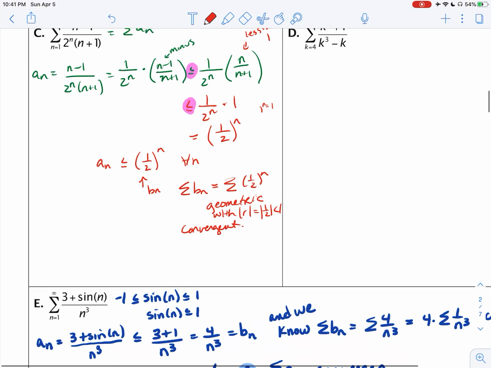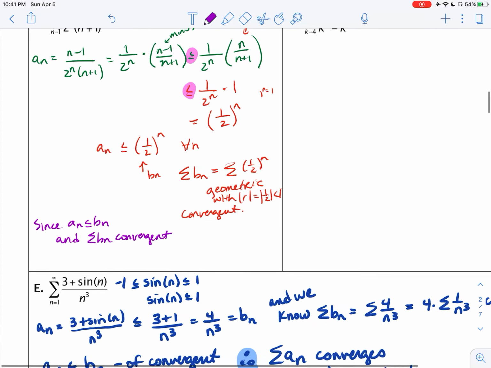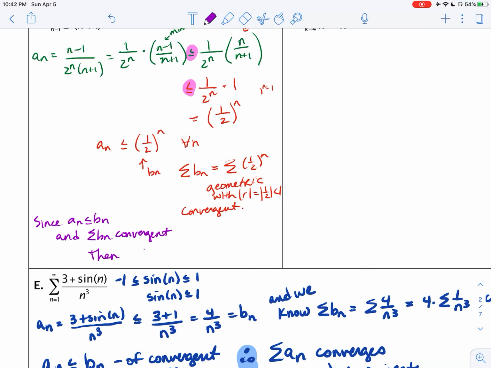I have in conclusion that since a sub n is less than or equal to b sub n and b sub n is a convergent geometric series, then a sub n converges by direct comparison.